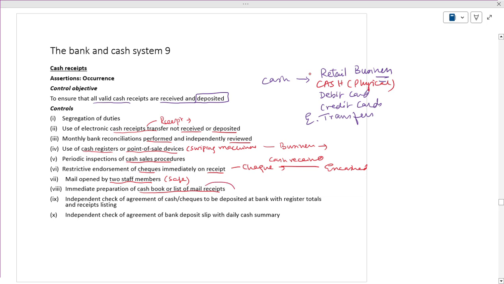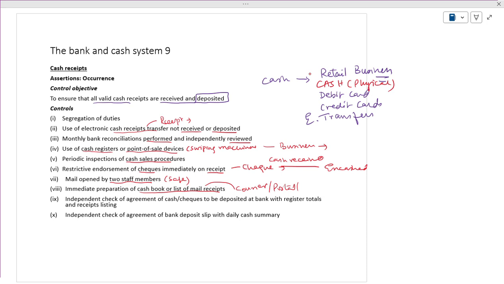You will get mail through courier or postal, even checks by courier. That has to be prepared immediately.